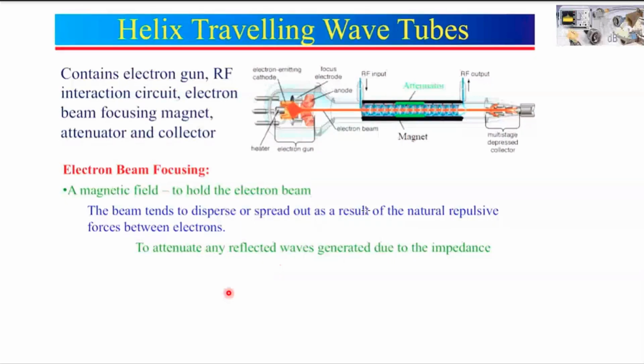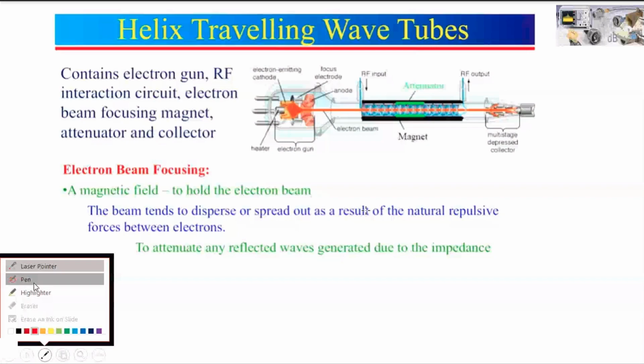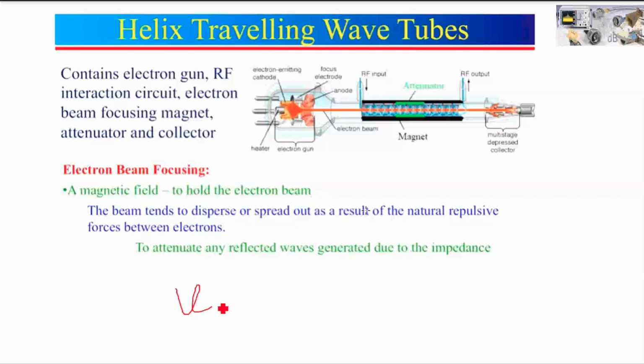Some structures are like, I'll just show here, the structure is of helix type, like this. Another structure will be some folded lines like this. These are used to slow down the movement of electromagnetic waves so that there is more interaction. This is basically your folded line.